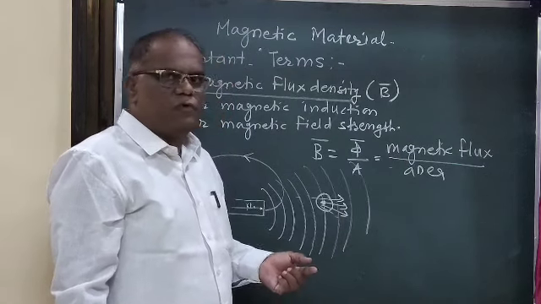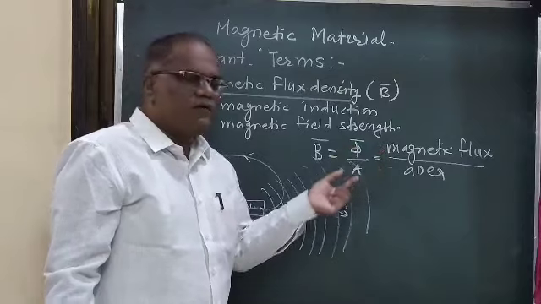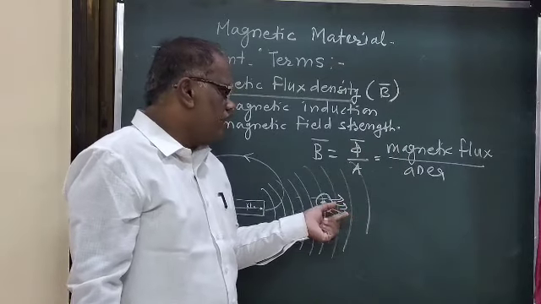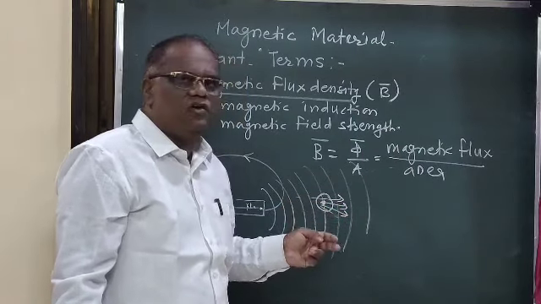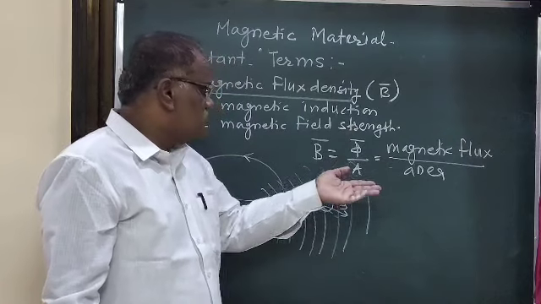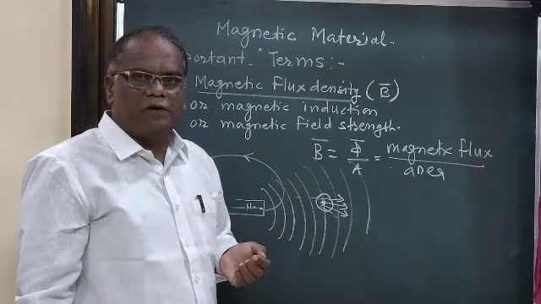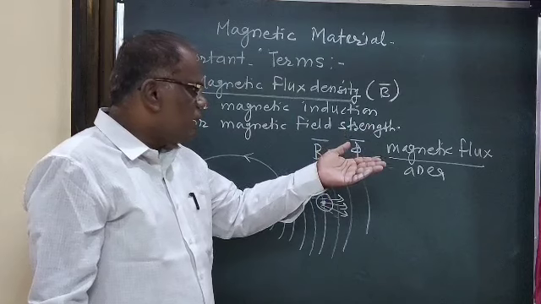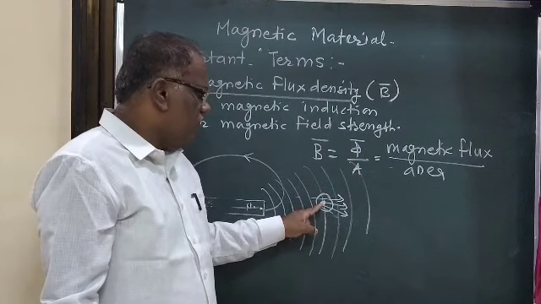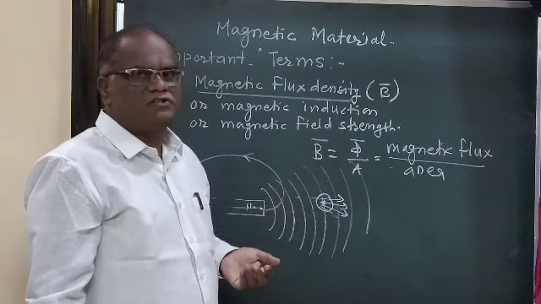The number of magnetic lines of force crossing this unit area normally gives the strength of the magnetic field. The more the lines of magnetic force crossing unit area normally, the more the field strength.